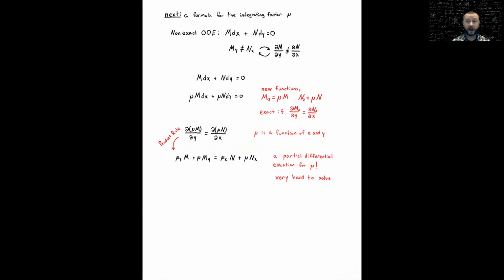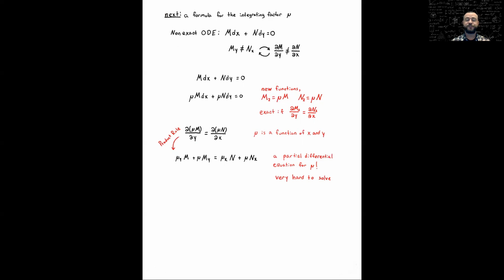We are learning for our course how to solve ordinary differential equations. What we have just done is, instead of simplifying the original equation, we have complified this equation. I think I just made that up, but we've turned our original equation into something more complicated, now a partial differential equation.